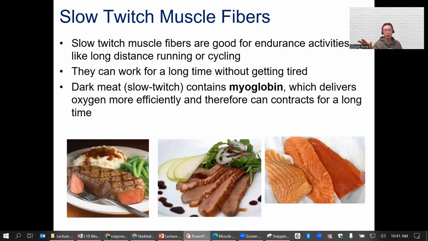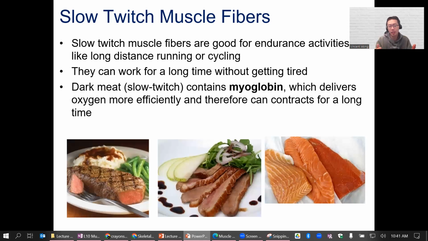Like your posture muscles, you can literally sit here for 3 hours listening to your prof talking about lecture, and you might mentally feel tired, but your body is not going to be tired, not in the same sense as if you run for 3 hours, right? Those are the slow twitch fibers that are maintaining the posture for you.